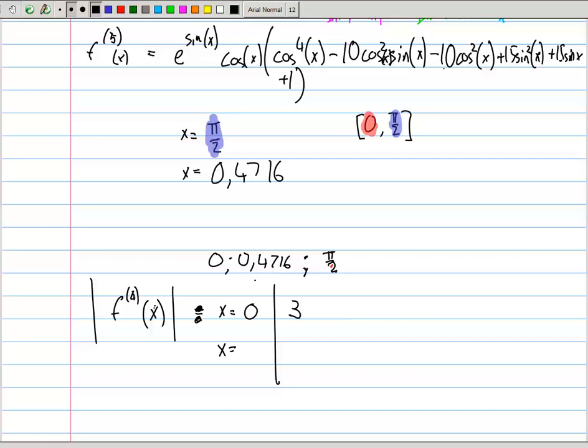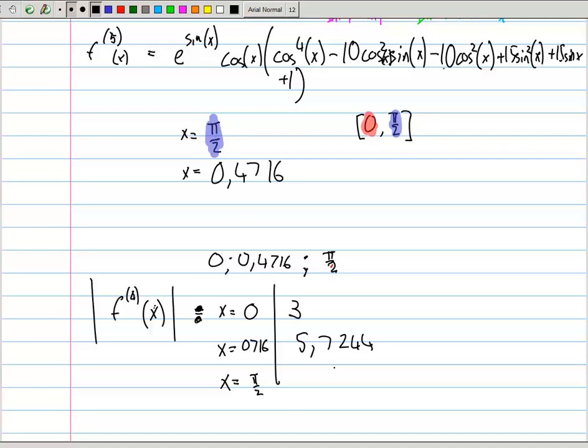When x is equal to 0.4716, we can plug that into the equation. I'm not going to go through the whole process for time constraints, but we should be getting approximately 5.724, around there. Finally, our last boundary condition, which also happens to be a turning point, x equals pi by 2.